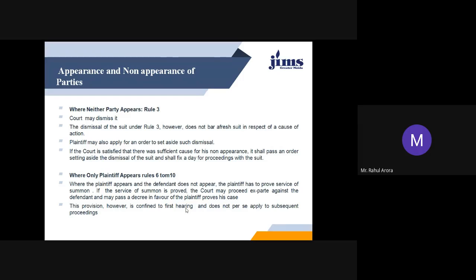So from this, we have to distinguish the difference between an ex parte order and an ex parte decree. In the case of an ex parte order, the defendant can participate in further proceedings apart from the proceedings dealt with on the date on which he was absent.